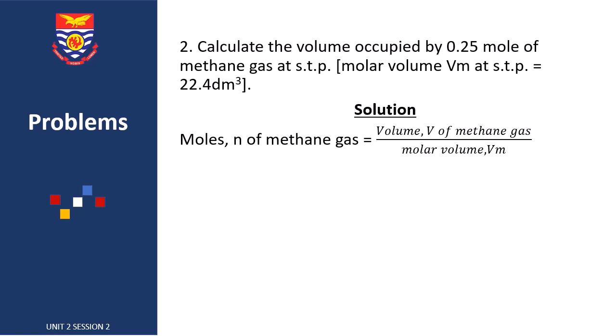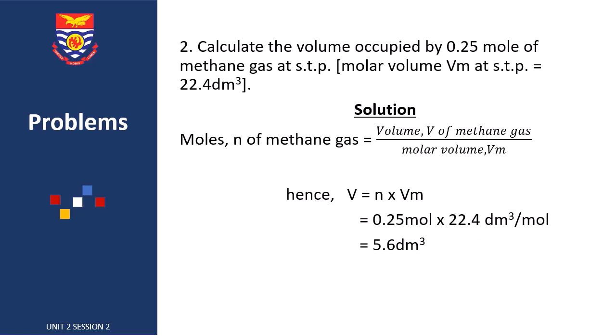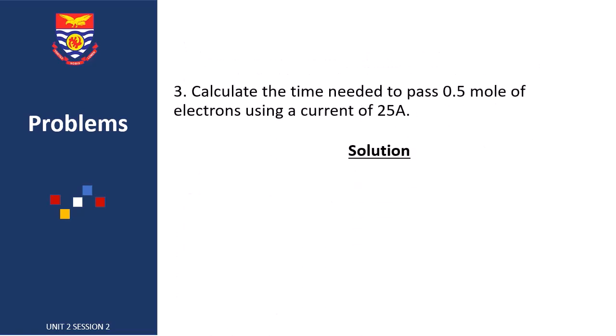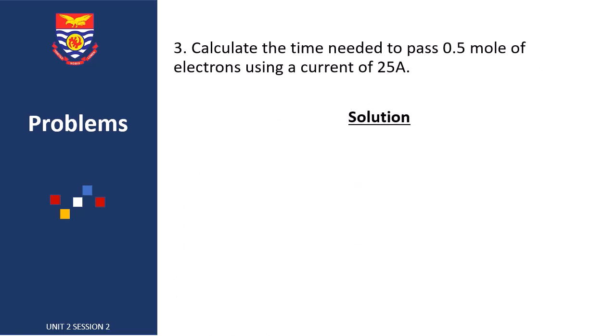We do a change of subject for the volume of methane gas to stand alone, and in that case, we have the number of moles multiplying the molar volume. We do our substitution and we have 5.6 cubic decimeters. So that will be the volume occupied by 0.25 moles of methane gas, given that we have standard conditions of temperature and pressure.